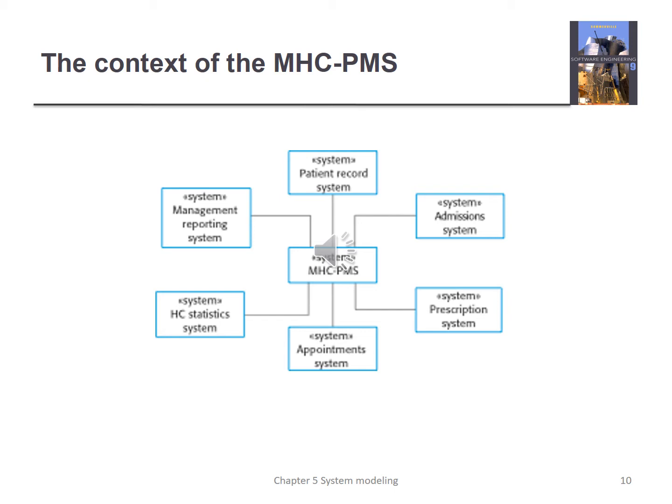When we explode it, when we decompose the system, we decompose it into the other 6 parts here, like the management reporting system, the statistics system, the appointment system, the prescription system, the patient record system, and other systems.